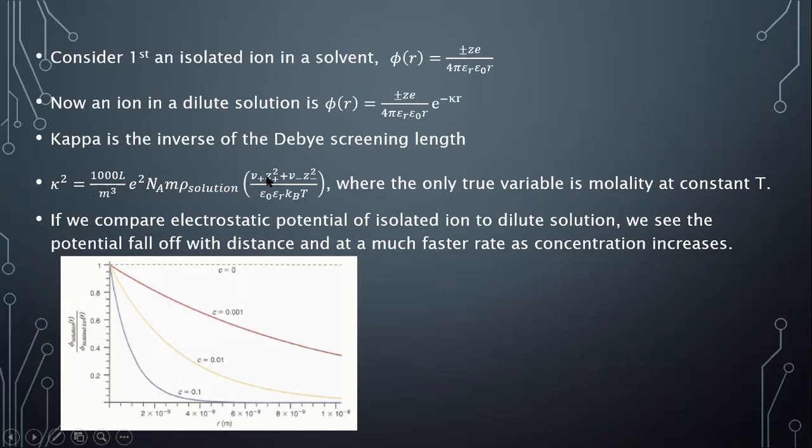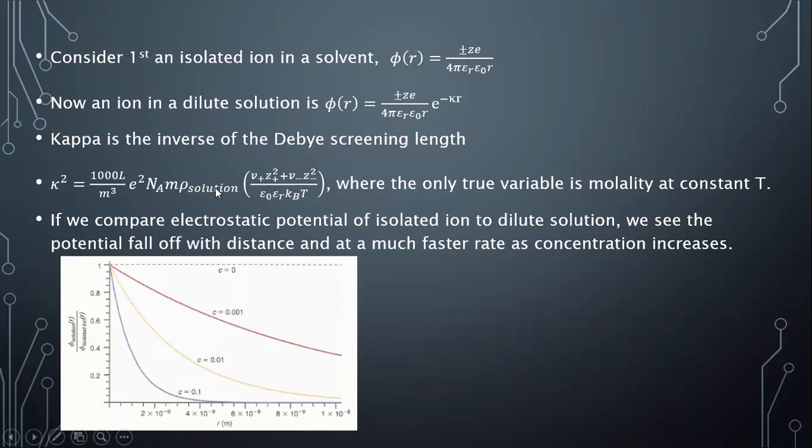Then the total number of cations times the charge squared, plus the total number of anions times the charge squared, over the permittivity of free space, the permittivity of the solvent, Boltzmann's constant, and the temperature.